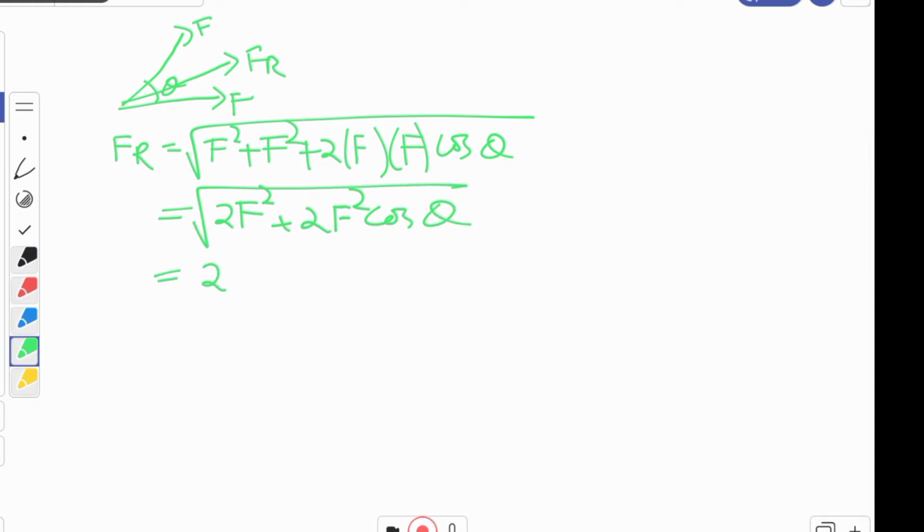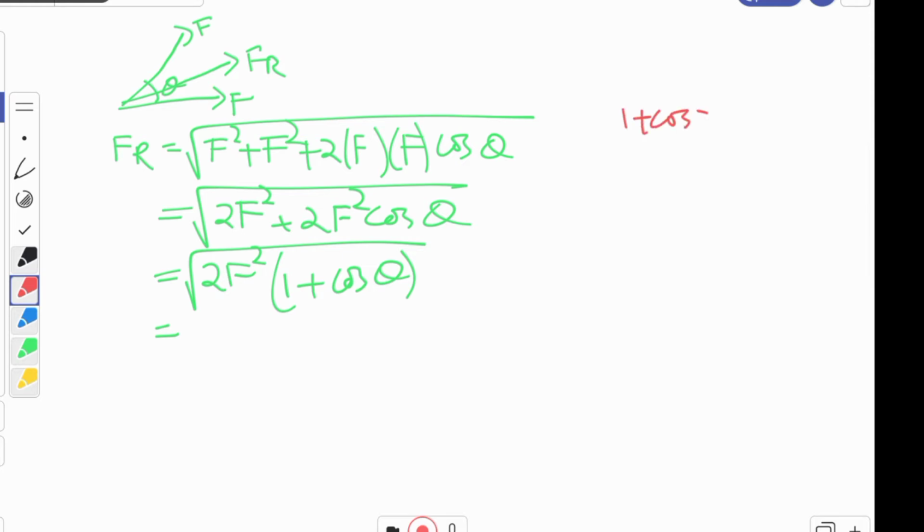Take 2F square common. So what will we get? Square root of 1 plus cos theta. What is this 1 plus cos theta? Do you know the trigonometry formula? If you don't know, please note it down over here. I am writing. We know 1 plus cos 2 theta is equal to 2 cos square theta.